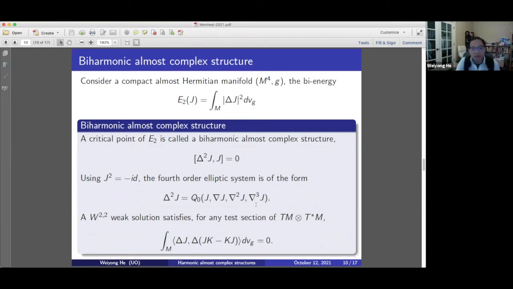We will skip these details, and this equation looks much better, the top one. So using integration by parts, we will talk about a weak solution satisfying this equation here. That's the integration by parts. So it makes sense for W22 almost complex structures.